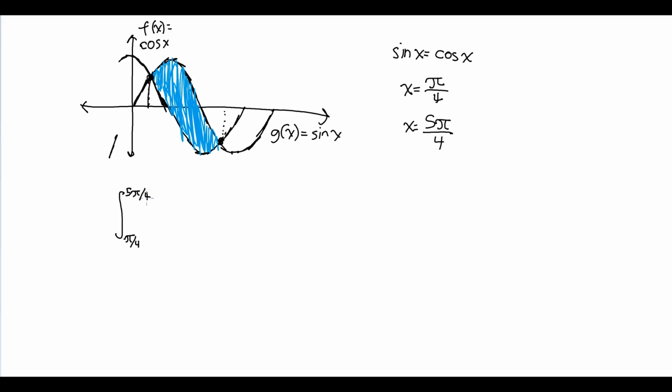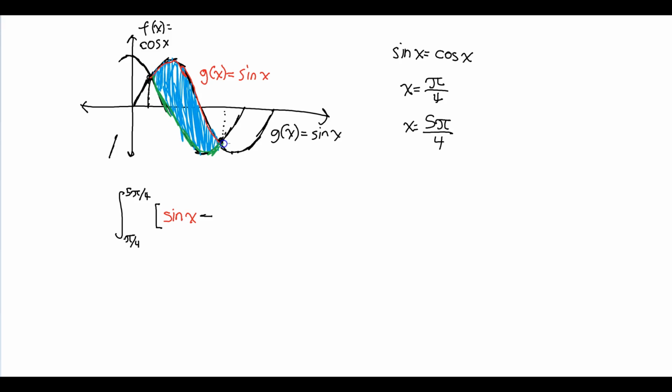Now, which one's our top function? Well, it's pretty clear that our top function, the one I'm labeling in red, is sine of x. So our top function is g of x equals sine of x. So we do sine of x minus our bottom function, the one I'm labeling down here.